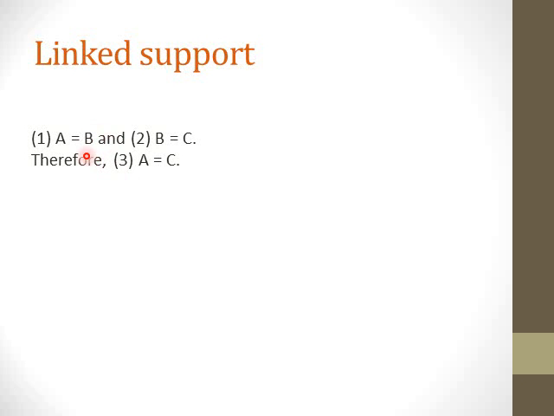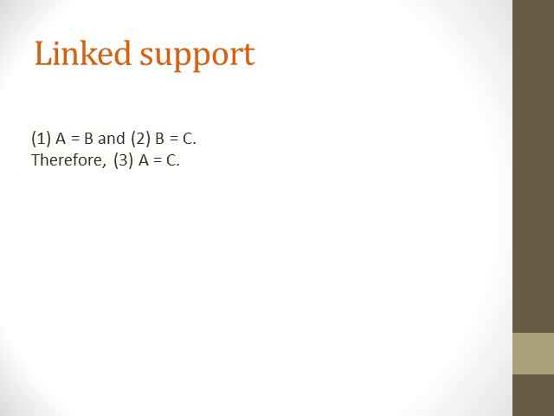So on the left-hand side, you have an argument, and this is actually depicting the law of transitivity, where A equals B and B equals C, therefore A equals C. Now, if we were to interpret this as an argument, we would, of course, say that 1 and 2 are the premises and 3 is the conclusion. Right? Now, I want you to notice something about this argument. In this argument, in order to get to the conclusion, you need both 1 and 2 together, right?